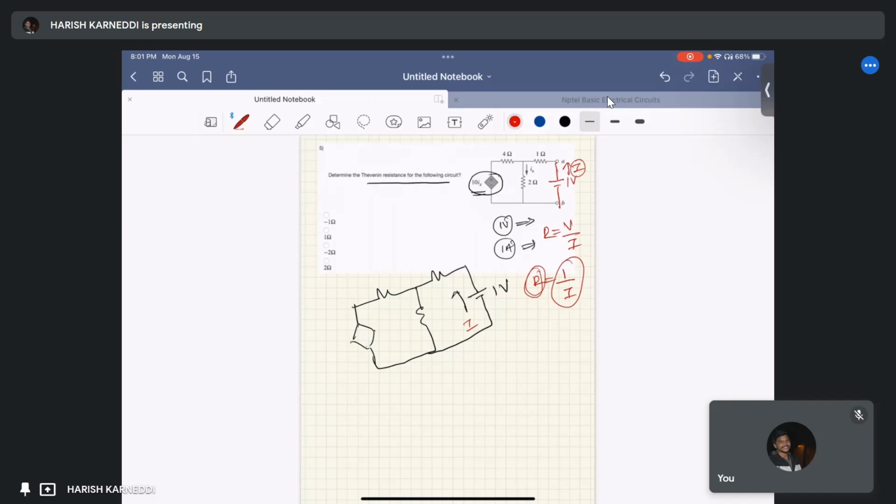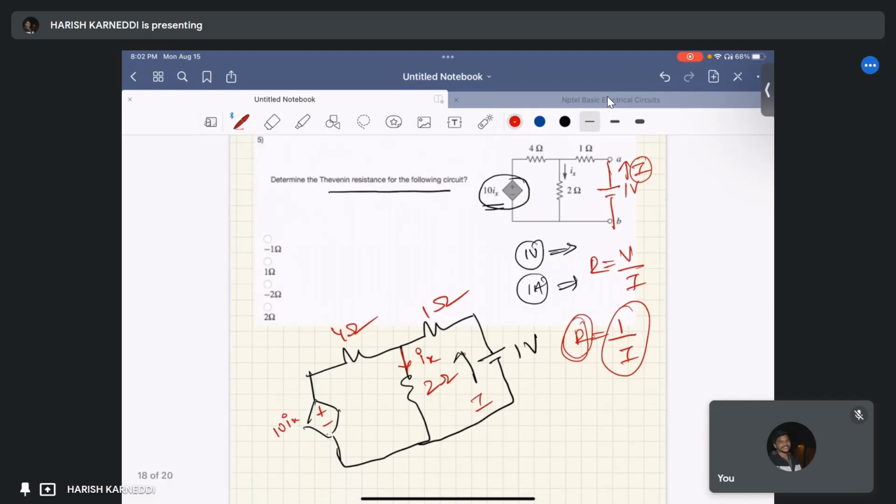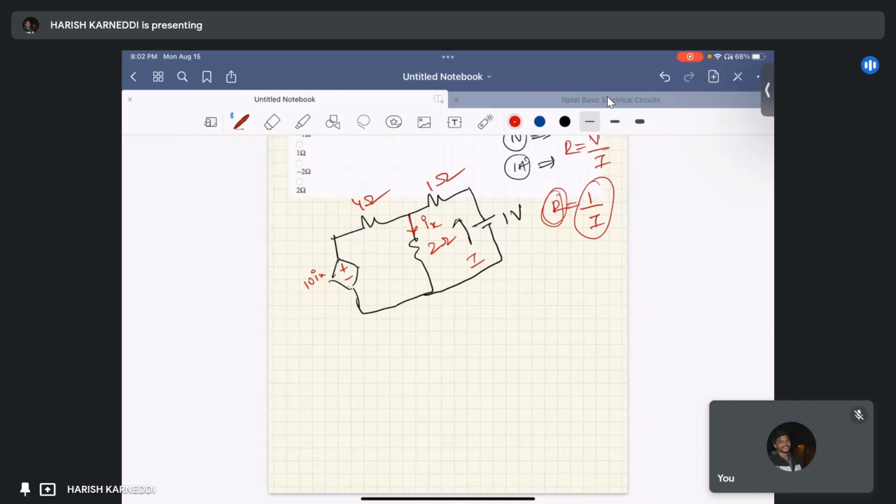This is 4 ohm, this is 1 ohm, this is 2 ohm, this is Ix, represented in small letters, and this is 10Ix. Here there are two loops and one node. Which one is better? It is better to apply nodal analysis.